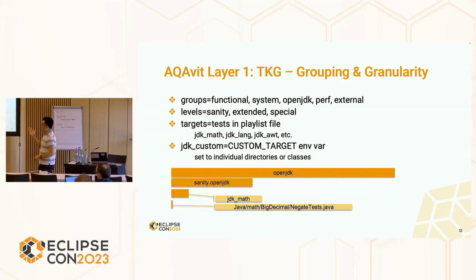Also, if people want to run a specific target, for example, JDK math, then you can use make underscore jdk_math to run the JDK math tests. And besides that, if you want to run just a specific file inside of JDK math, you can just run this test.